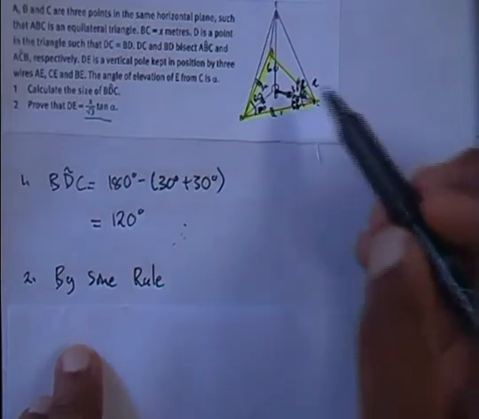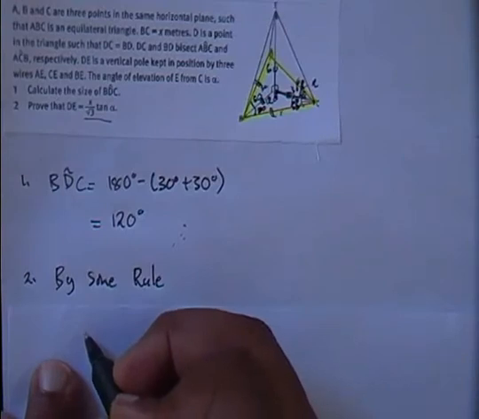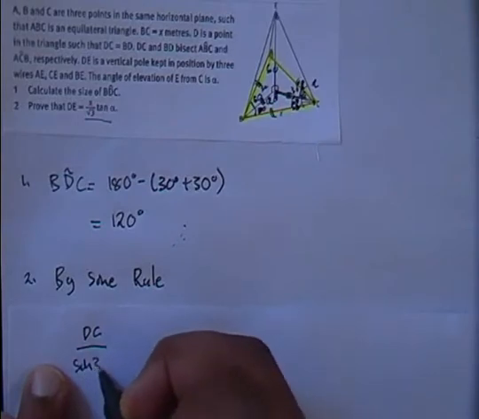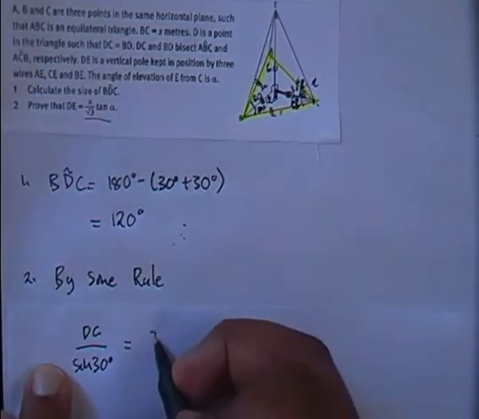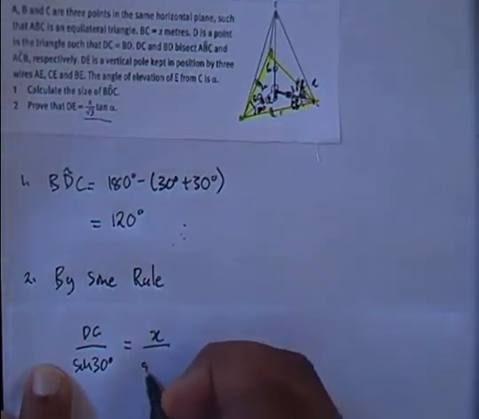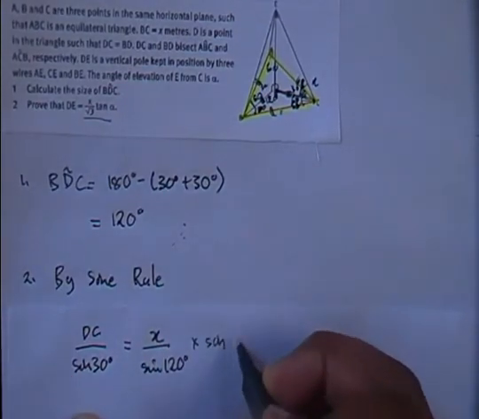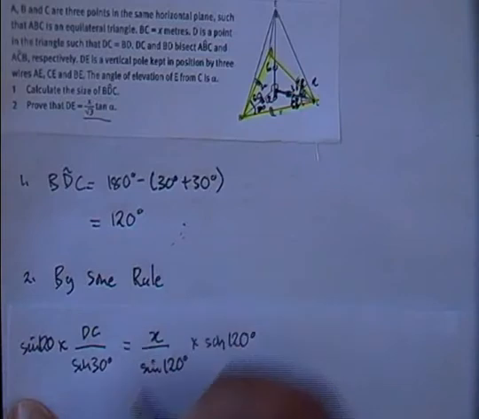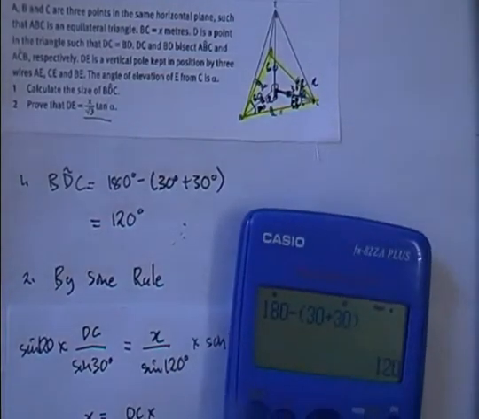So by sine rule, we know this is 120. So by sine rule, we know that DC over the sine of 30 is equal to BC, which we know to be X, divided by the sine of 120. Okay, so just cross multiply the sine 120 both sides, so that X becomes equal to DC times sine 120. We kind of know that, isn't it?